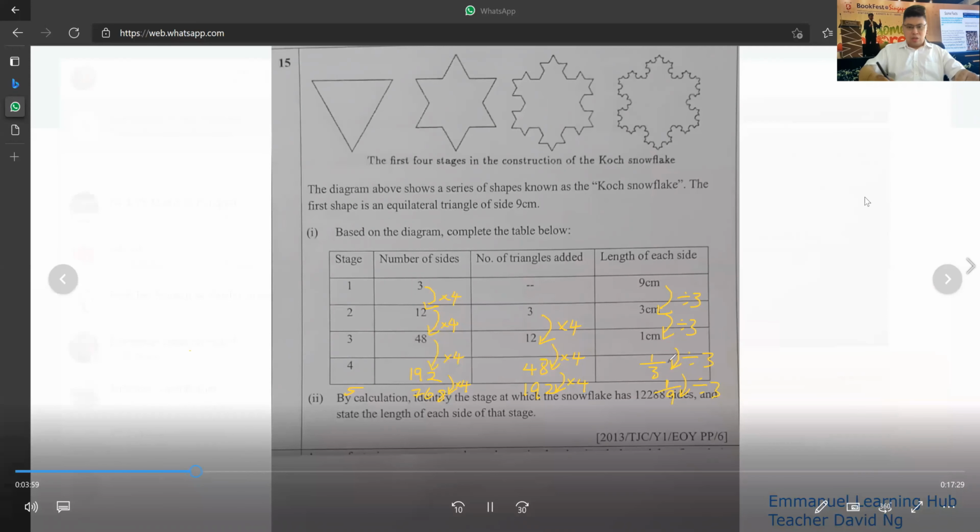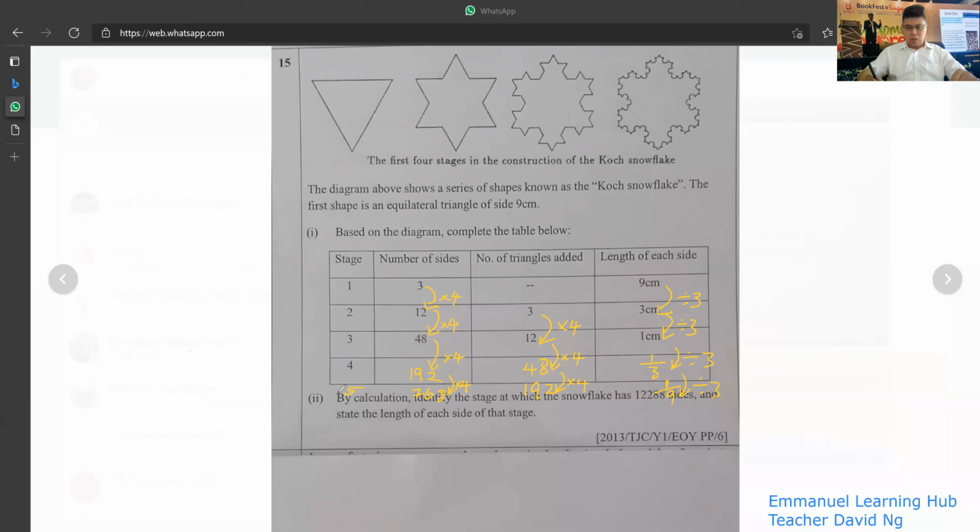Okay, if you're ready, let's try to hunt the formula. So you have a stage n. 1, 2, 3, 4, 5, n. Stage n, number of sides. Let's see how you can get number of sides.